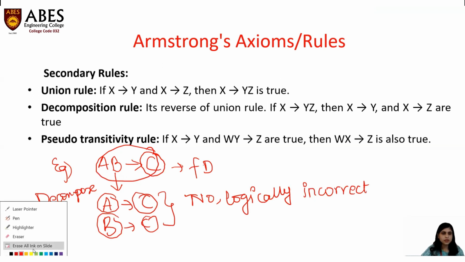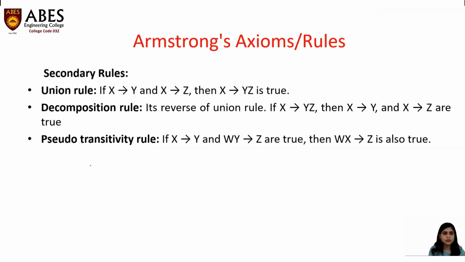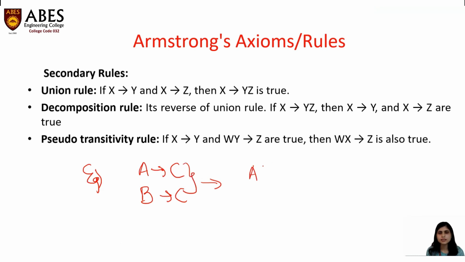Let's check the case of union as well, whether we can apply union on the left hand side or not. Let's consider these two functional dependencies: A can determine C and B can determine C. From A to C, from B to C. Can we write this functional dependency as AB to C?